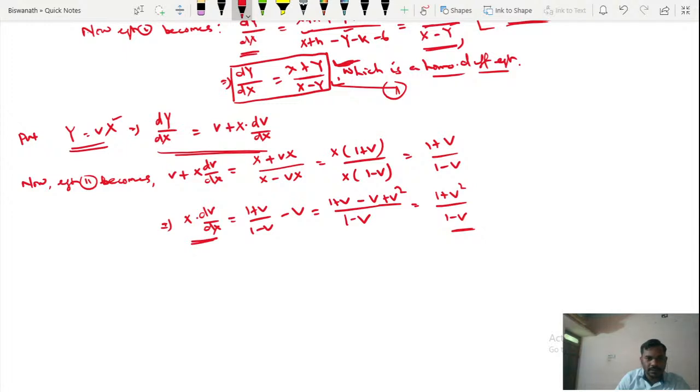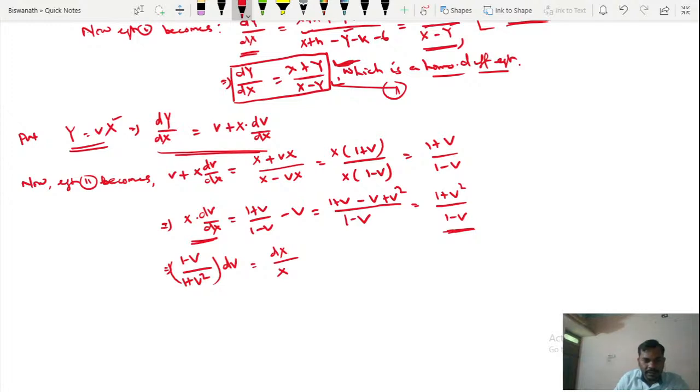So I can separate the variables. That means on one side I will keep the variable v, and on the other side I will keep the variable x. If I take this right hand term into the left hand side, it will be 1 minus v divided by 1 plus v square into dv, and if I take x to the right hand side, this will be dx by x, just a cross multiplication.